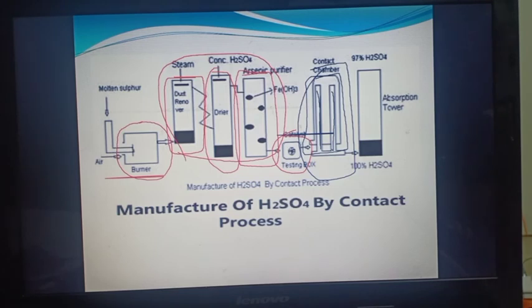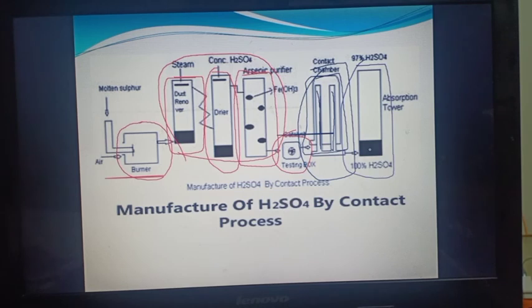Now after this the final step comes, that is the absorption tower. Over here the SO3 obtained from the contact process comes and meets the descending stream of concentrated H2SO4.